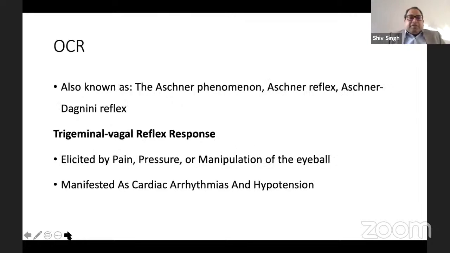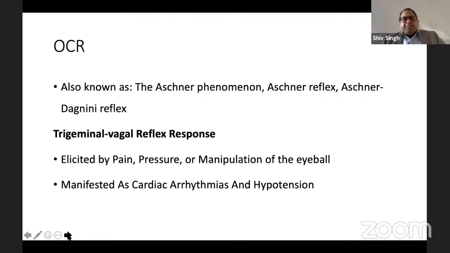So this reflex is also known as Aschner phenomenon, Aschner reflex, or Aschner-Dagnini reflex. It's a trigeminal-vagal reflex response. So it originates in the trigeminal area, and the response is effected through the vagus nerve.